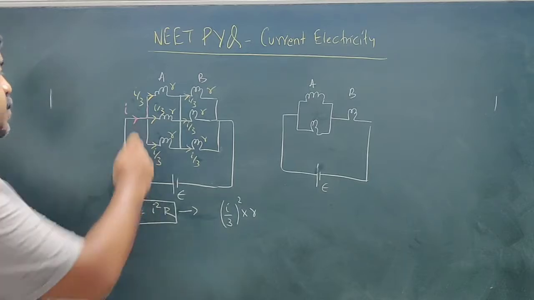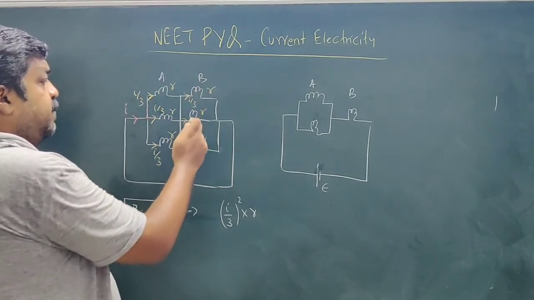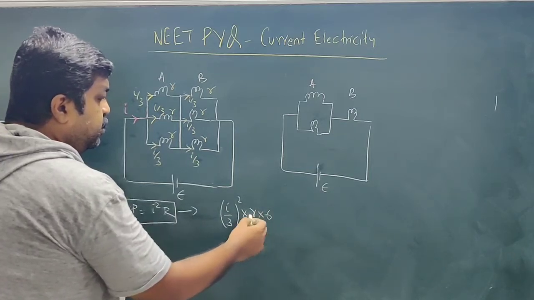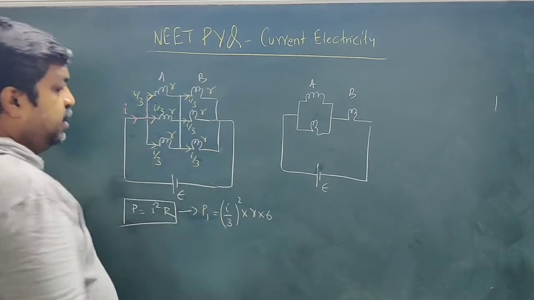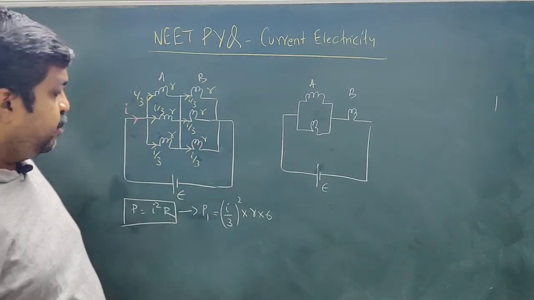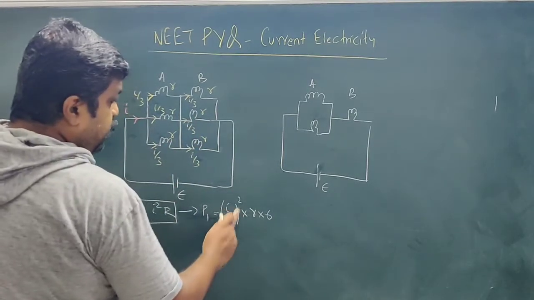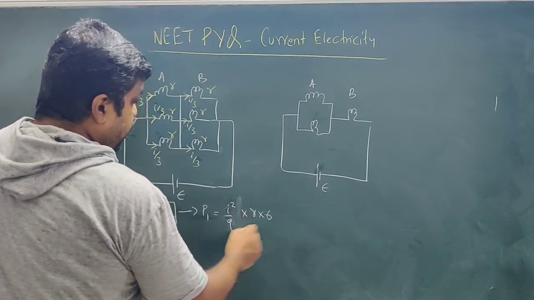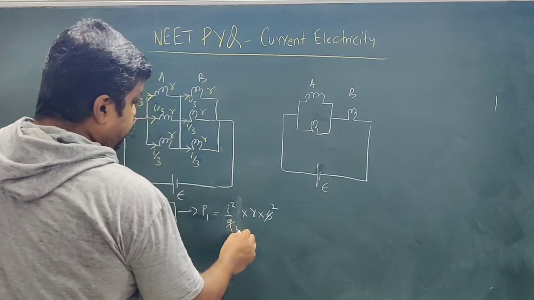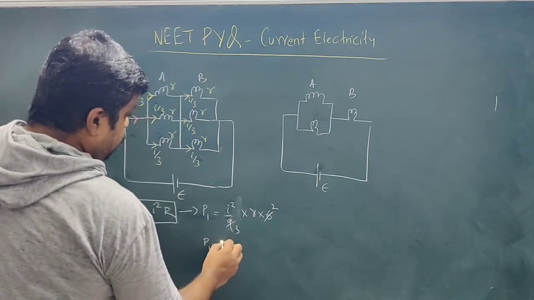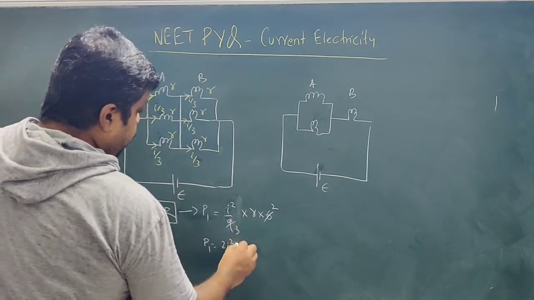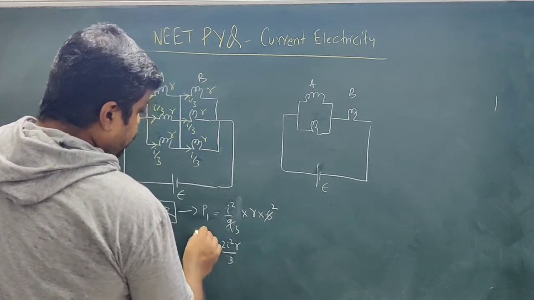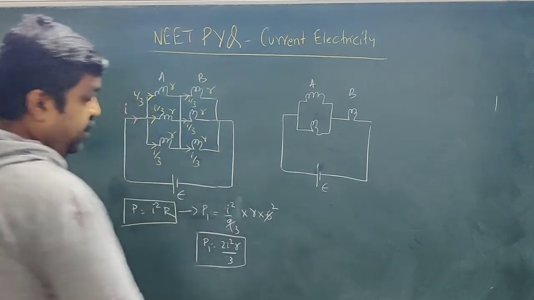And how many bulbs are there? 1, 2, 3, 4, 5, 6. So total power consumption will be 6 times this. So this is P1, the power consumption in this case. This is I square by 9, so 6 times that is 2 by 3. So P1 is equal to 2 I square R by 3.